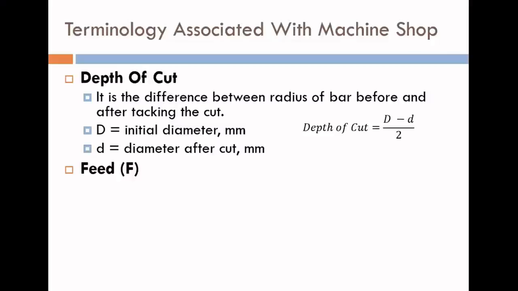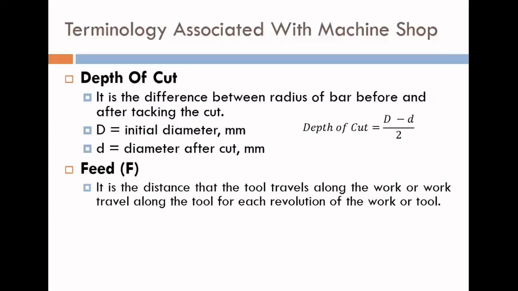The next terminology is feed. It is the feed of work or tool. It is the distance that the tool travels along the work, or the work travels along the tool, for each revolution of the work or tool. Feed is generally expressed in mm per revolution.